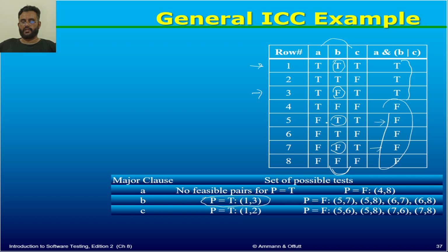In the case of 5 and 8, the minor clause values have changed, but B has changed from true to false and the predicate didn't change. So in the same way, you can compute other values which achieve general inactive clause coverage. And remember that in general inactive clause coverage, minor clauses may be the same or they can be different. So we consider both the possibilities in the case of B and A also.